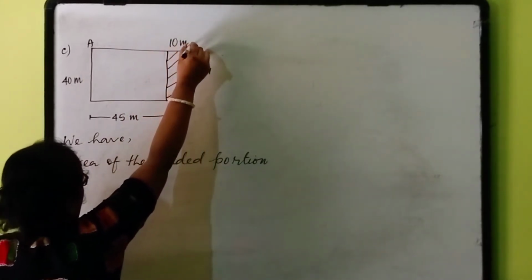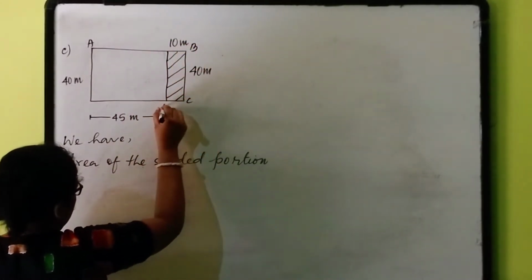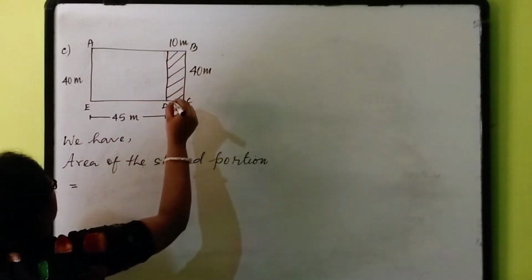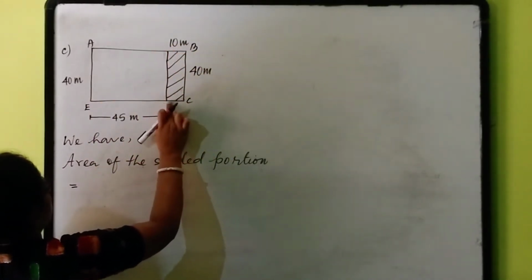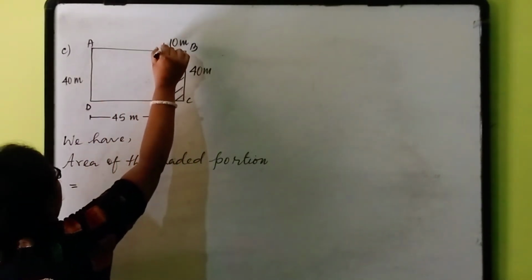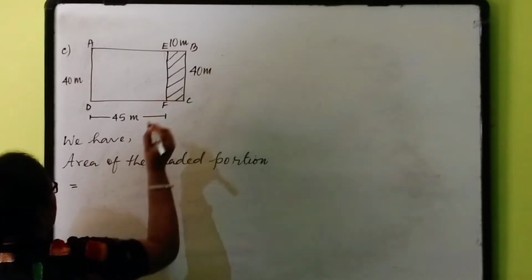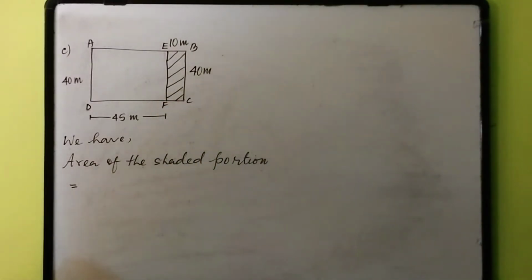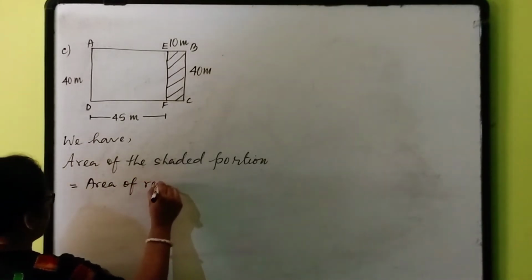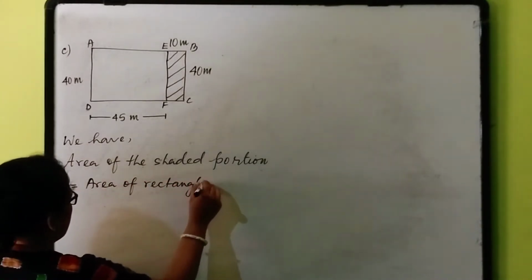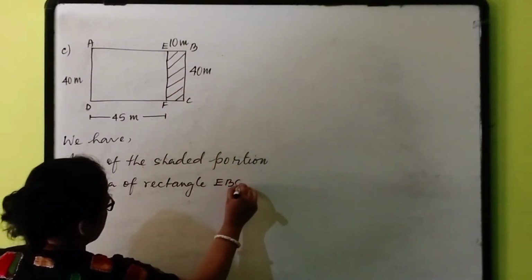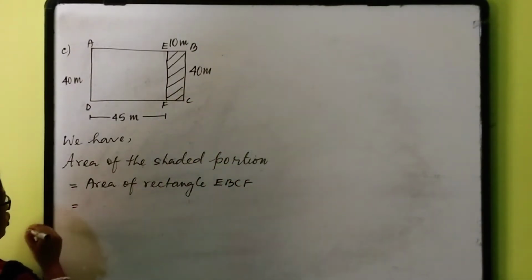A, B, C, D, let me put here E, and here F. So area of the shaded portion is equal to what? Area of rectangle, which one, my dear students? Rectangle EBCF.